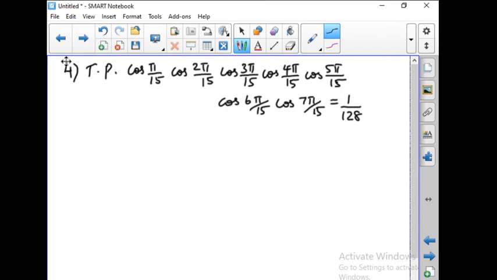So we need to prove that. So to prove this is equal to this.